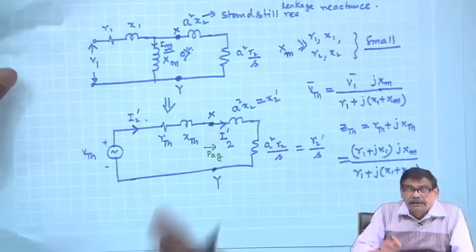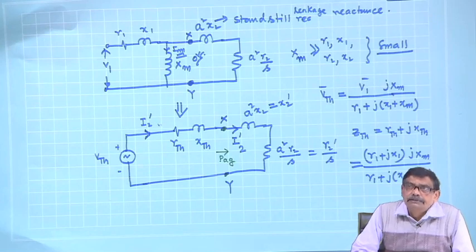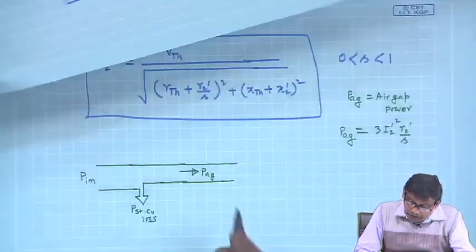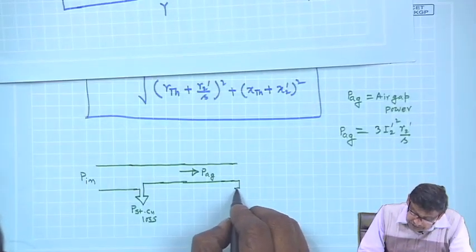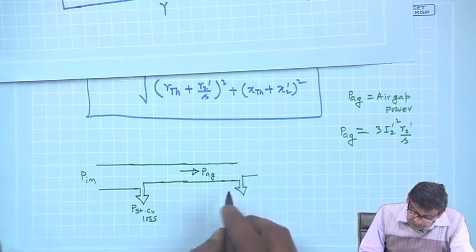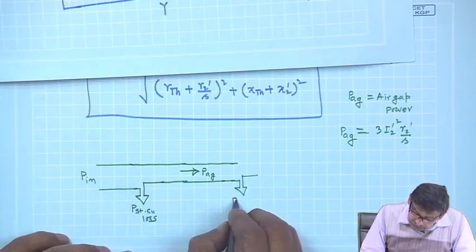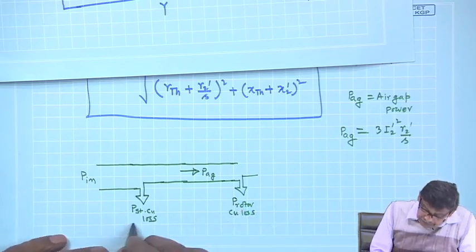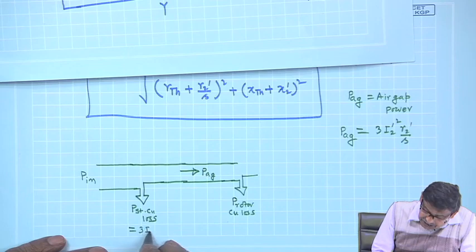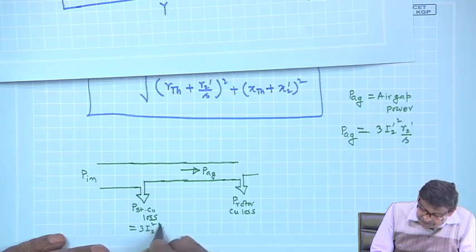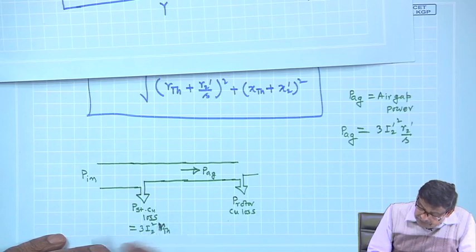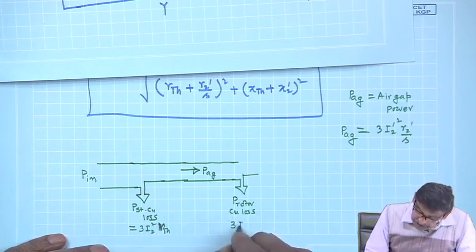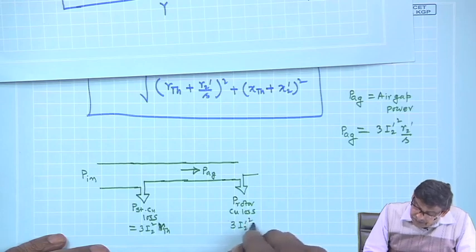But I know the winding has some physical resistance R 2 dash, and there will be power loss. So, from this, if you subtract the rotor copper loss, P rotor copper loss, what will be that value? Here the value was 3 I 2 dash squared R Thevenin; similarly it should be 3 I 2 dash squared into R 2 dash.